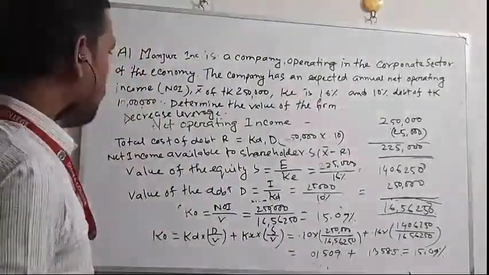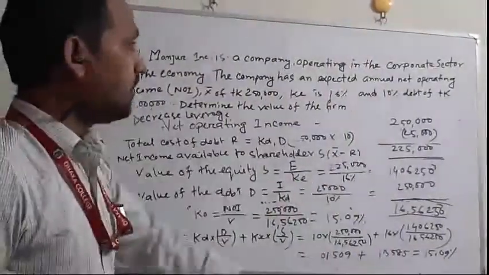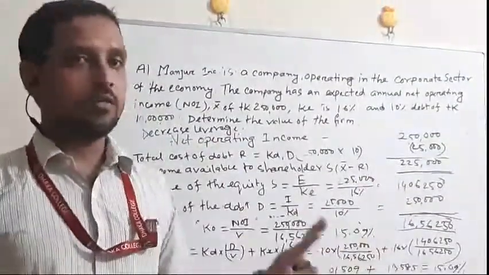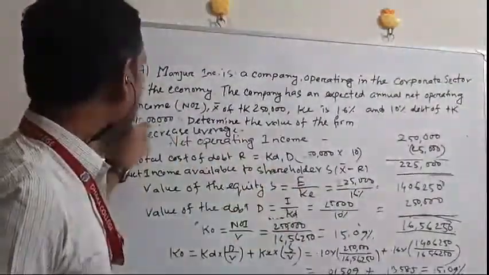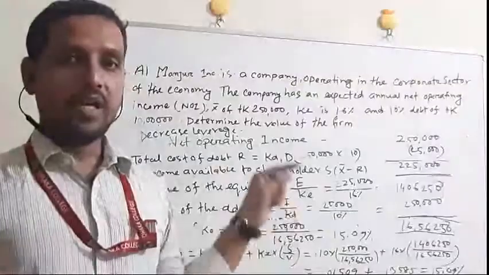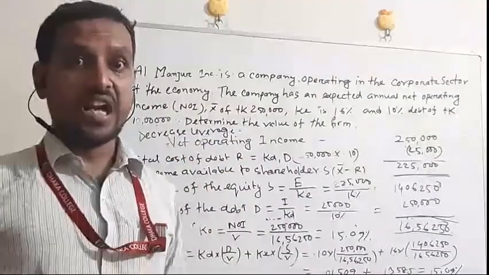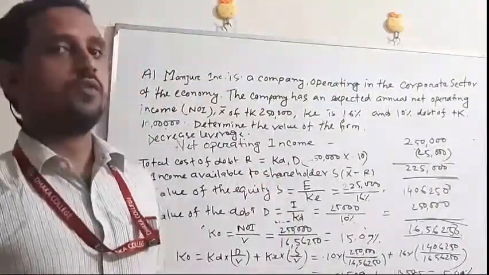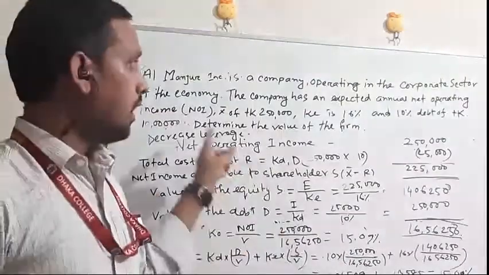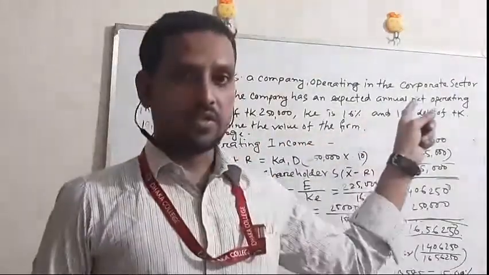All of the elements are the same except debt. So we write down here 10 lakh instead of 2,50,000 taka with 10% interest rate.